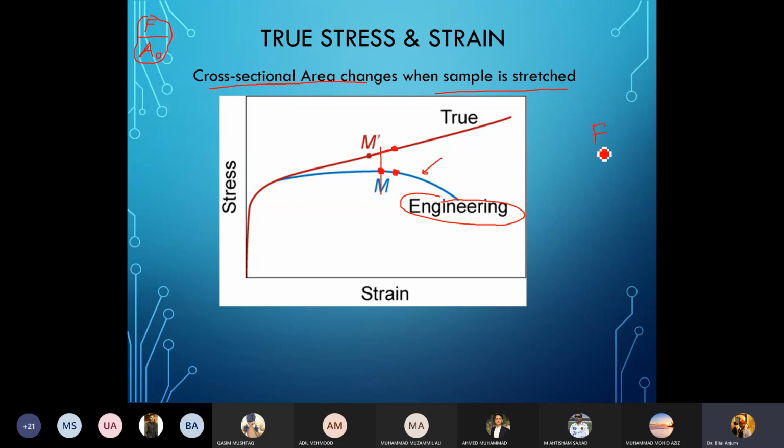Stress is force over area. All right. Is this clear? Stress is force over area. Yes sir. All right.